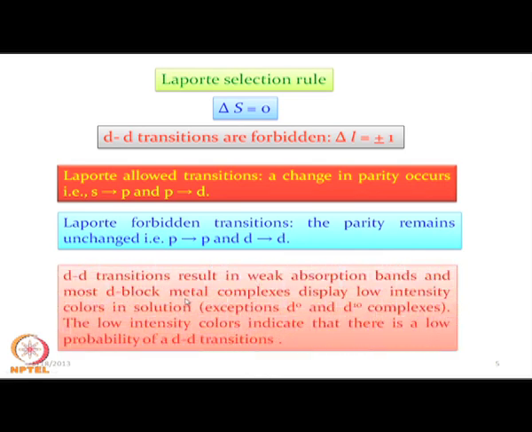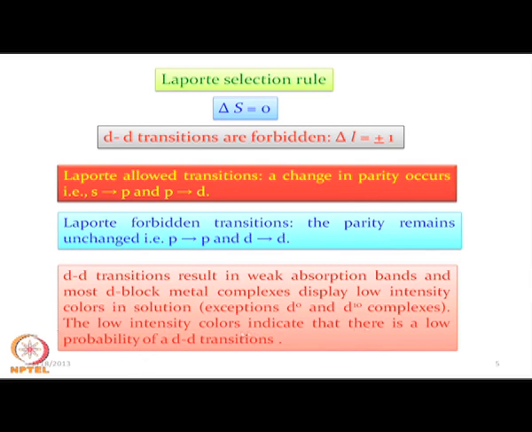So, why do we get these transitions even if they are very weak? The d-d transitions result in weak absorption bands, and most d-block metal complexes display low intensity colors in solution. That means our epsilon max values are small, with exceptions for d0 and d10 complexes where we do not have to consider the d-d transition.